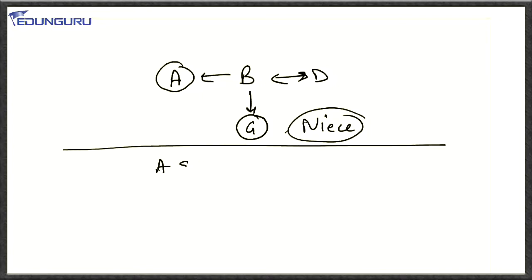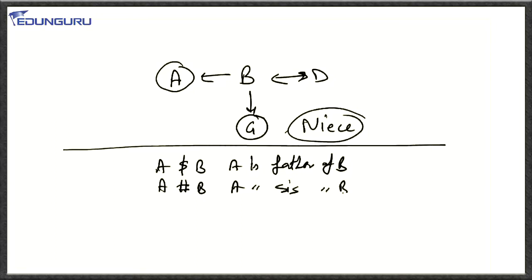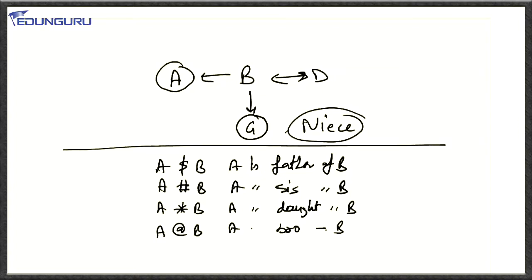For example, if A $ B means A is father of B, A # B means A is sister of B, A * B means A is daughter of B, and A @ B means A is brother of B. Then which of the following indicates that M is wife of Q?